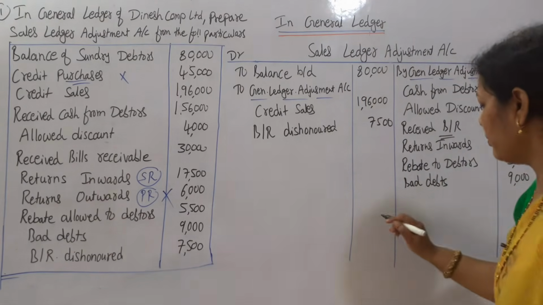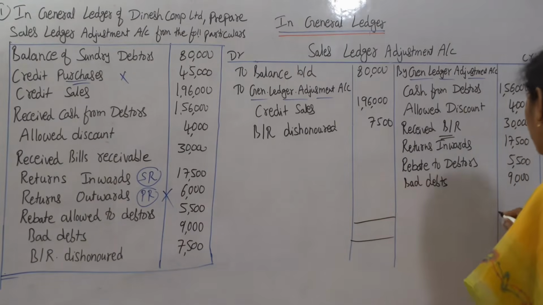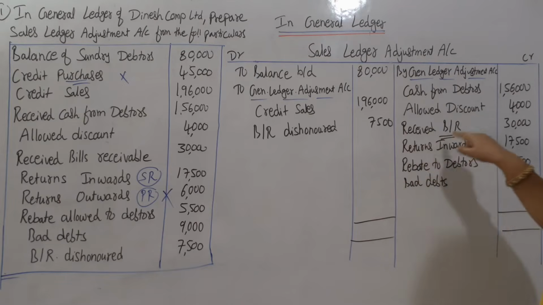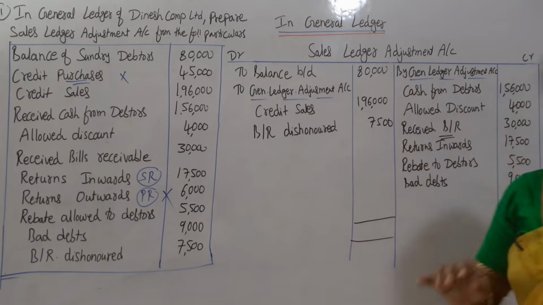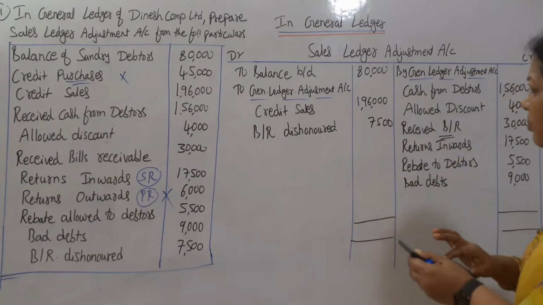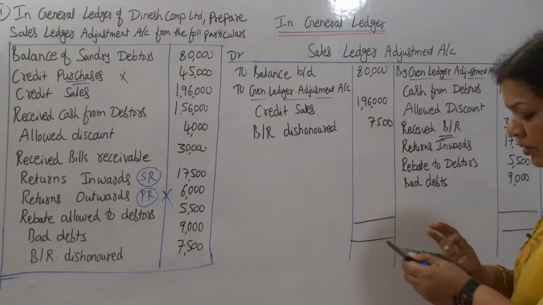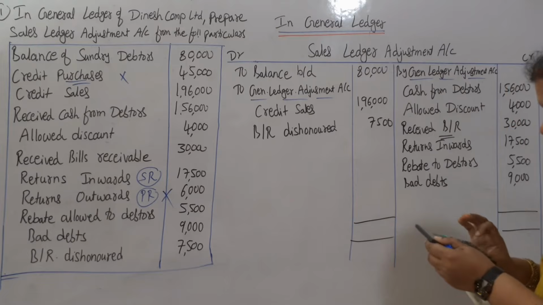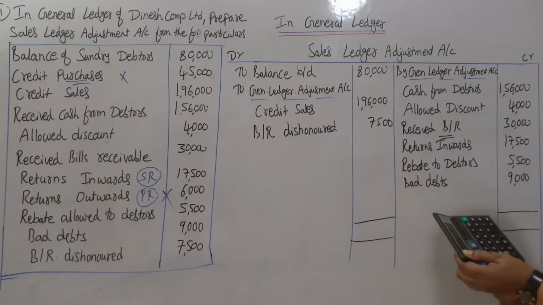Over. Now we can close the account. Which account? Sales ledger adjustment account. If you see the transactions, roughly the debit side is more. So let me use the calculator. Debit side is more: 80,000 plus 1,96,000 plus 7,500. It is 2,83,500.